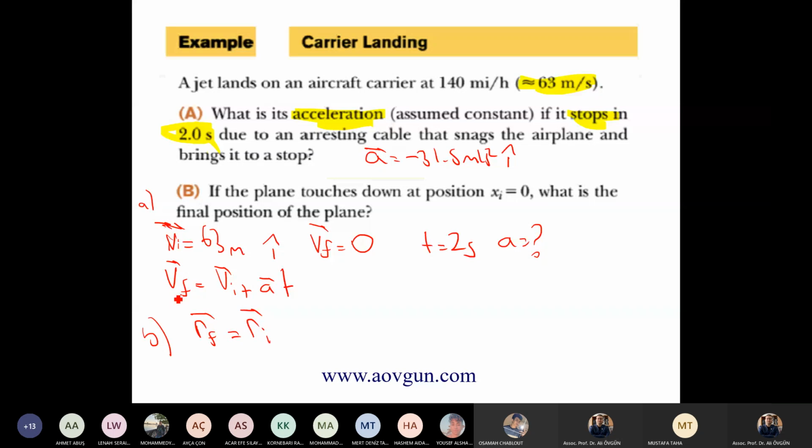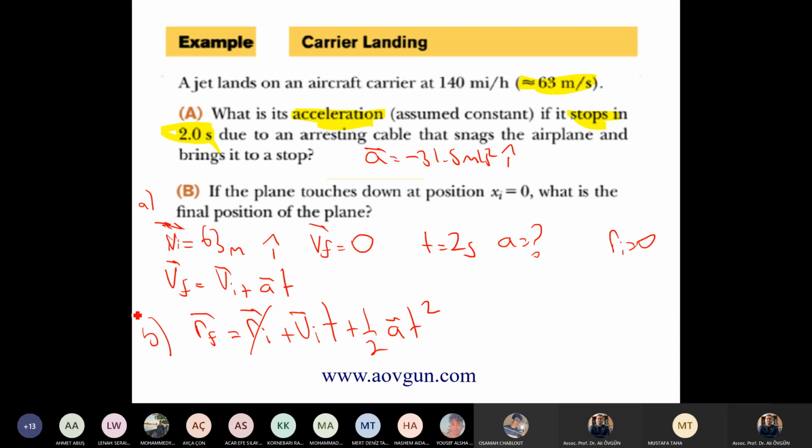R final equals R initial plus V initial T plus 1 over 2 A T squared. This is the position equation and it is a vector. So you are going to find the final position. The initial position you can take as 0, the origin.